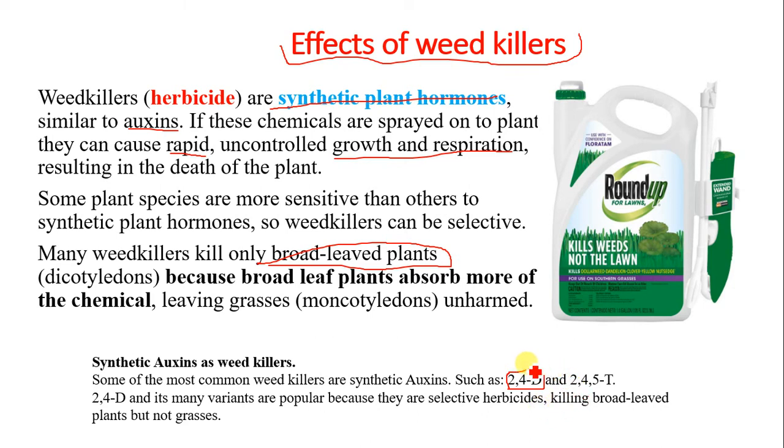Now, first, when it's sprayed it affects more of the broadleaf plants, which leads to uncontrolled growth and respiration of that plant, and the plant cannot photosynthesize to keep up with the rapid growth and respiration. So as a result, it will die out from the chemical sprayed on it.